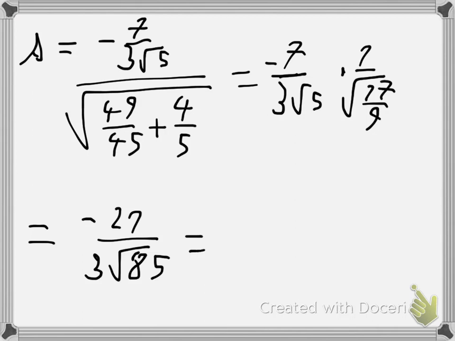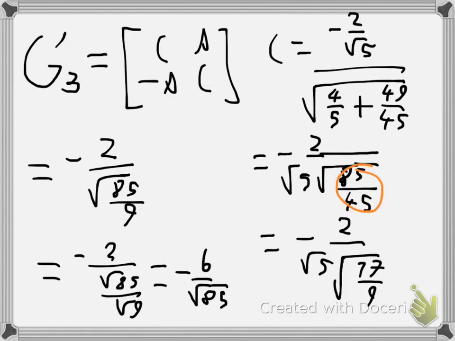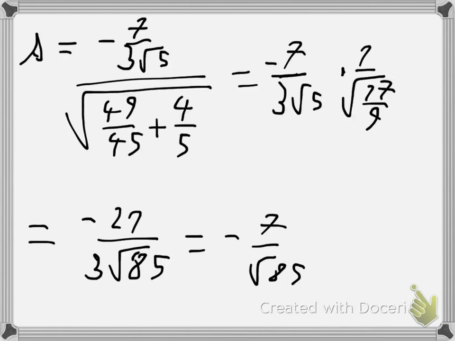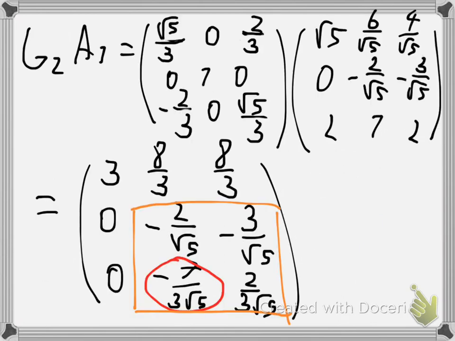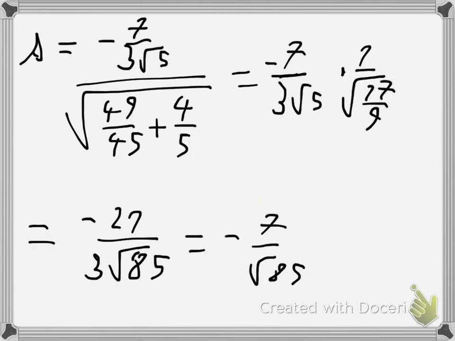And so we can divide by 3, we get negative 7 over square root of 85. I think this should be correct. Hope I did no mistake. And so that's our Givens rotation if you only consider the 2 by 2 submatrix.